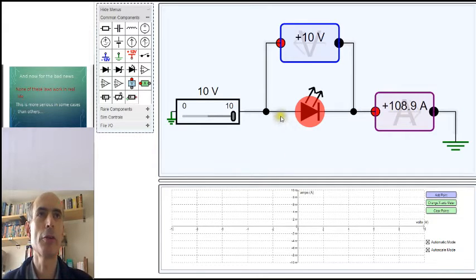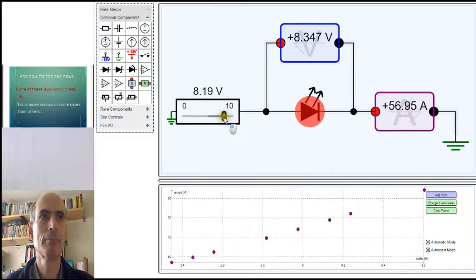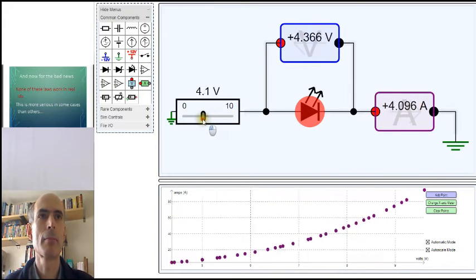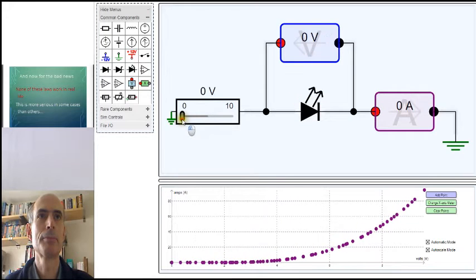Again, plotting the current through the component against the voltage across the component. It's not a straight line. It really isn't. So for this component, the voltage across the component is not proportional to the current flowing through the component. This component does not obey Ohm's law.